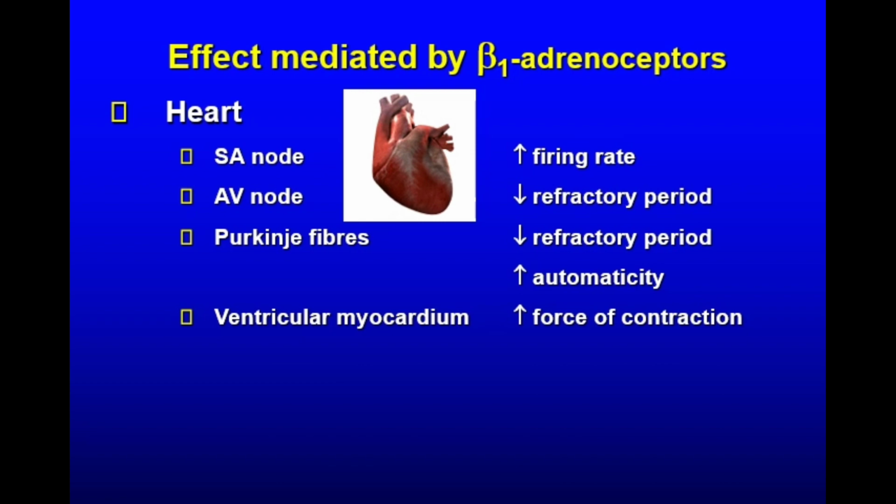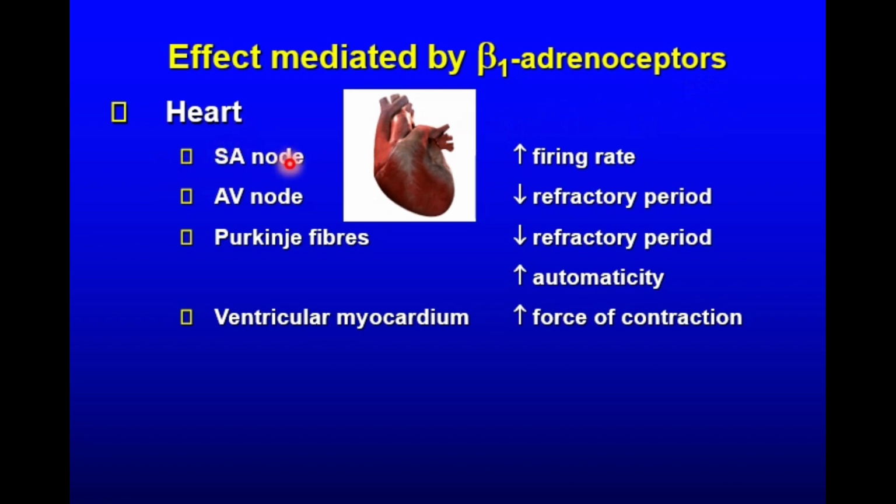Example of location and effect mediated by beta-1 adrenoceptor. Sympathetic neurons innervate all regions of the heart, and noradrenaline effect is mediated by beta-1 adrenoreceptors.